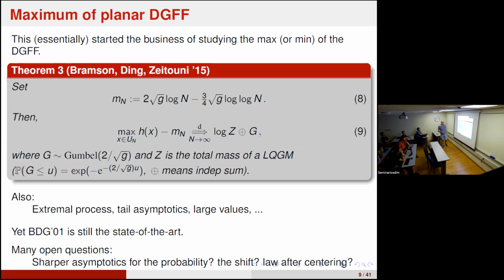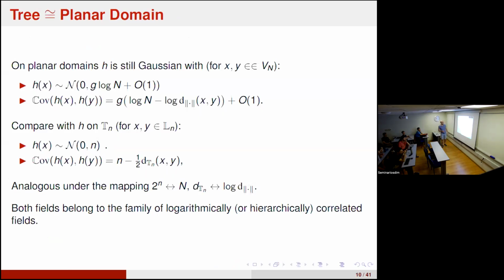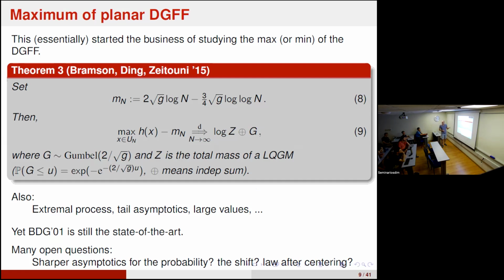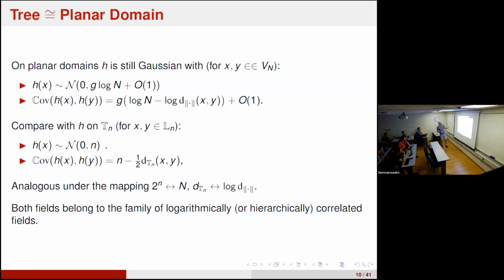And so the idea is to use whatever we know about extreme values to actually study the original problem. This is the onset of this project. But as a first step, we do it on the tree, not on a planar domain. And you can ask why the tree?